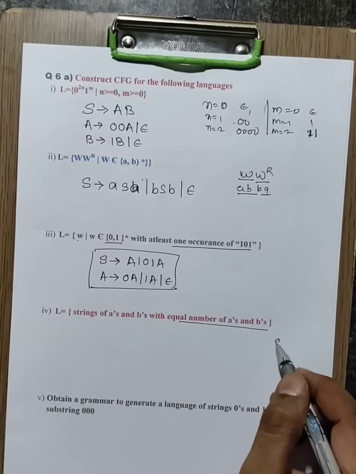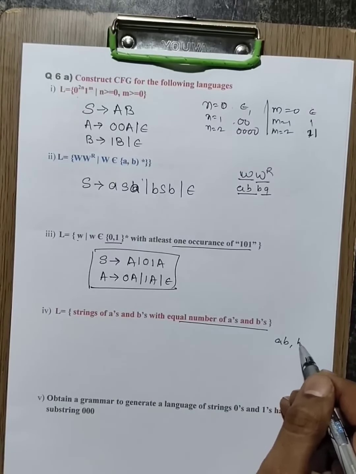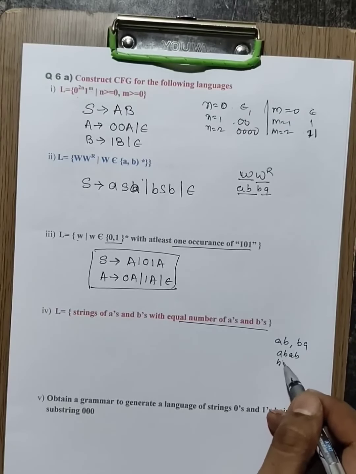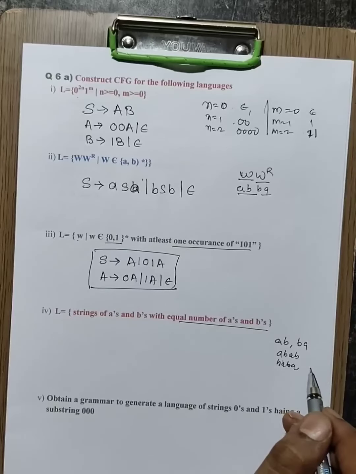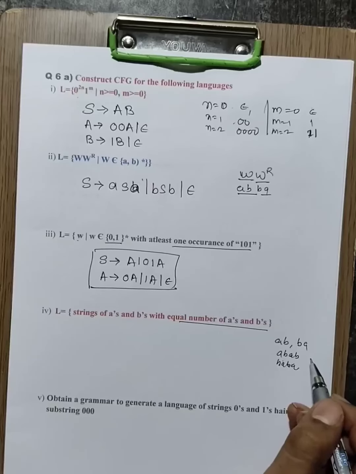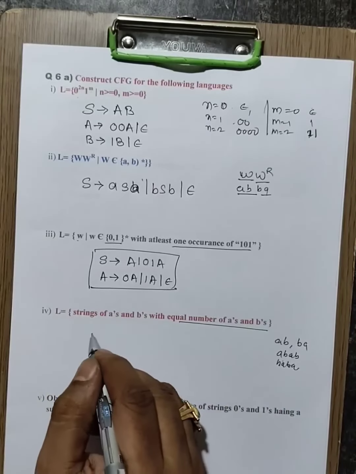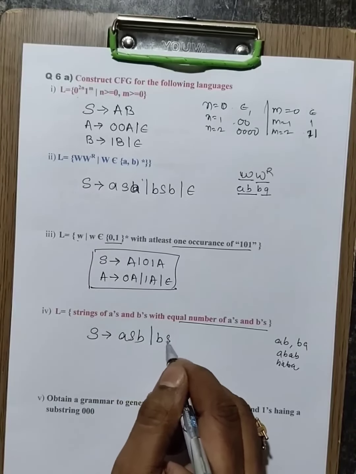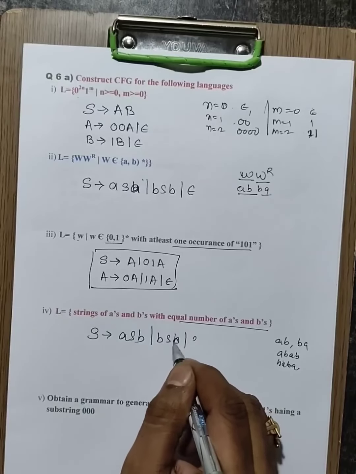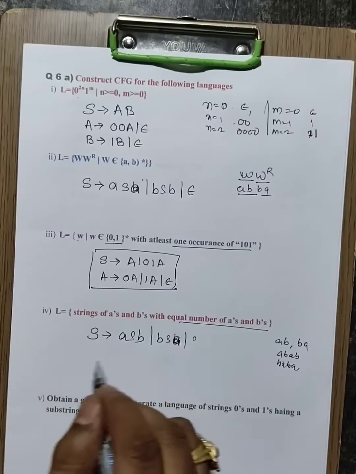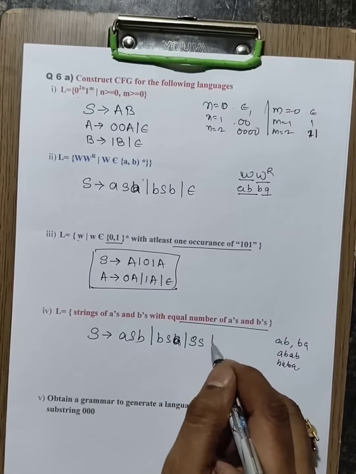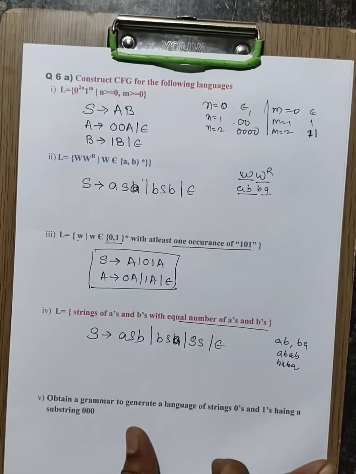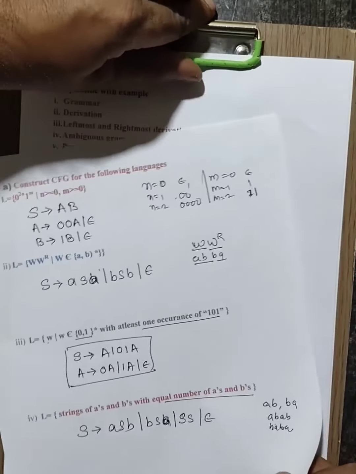It may be A B, or B A, in any order. S produces A S B, or B S A, or S S, or epsilon. This is the grammar for an equal number of A's and B's.